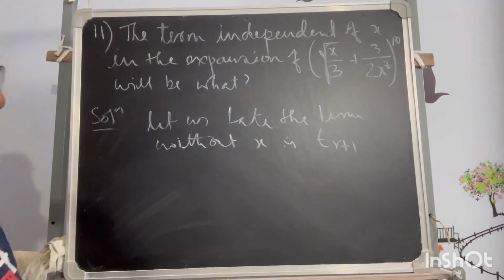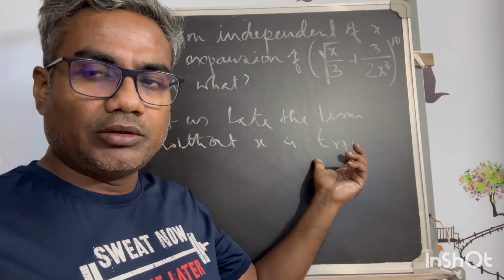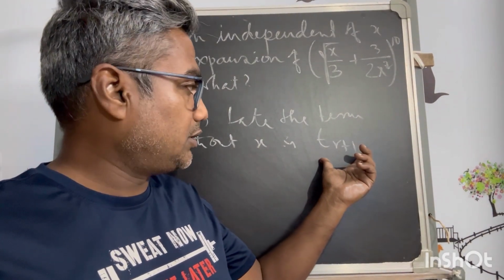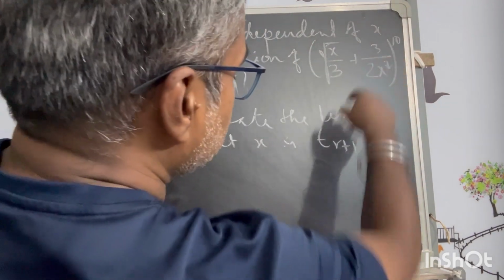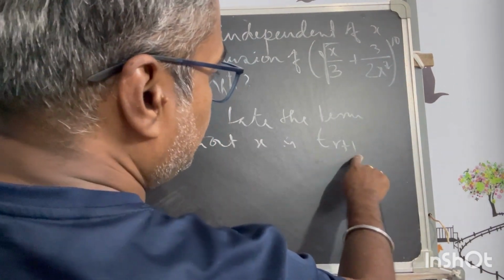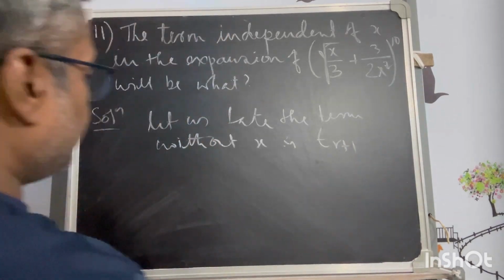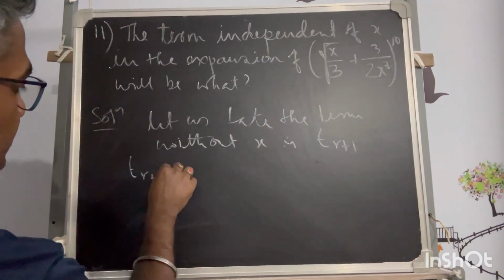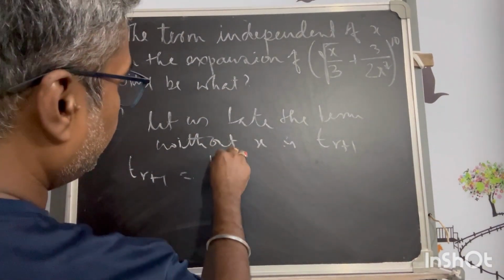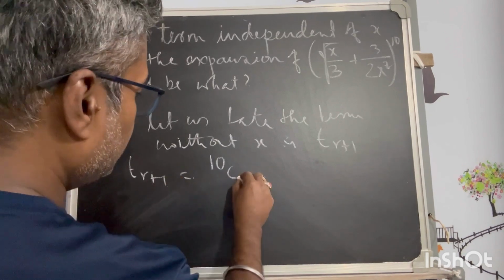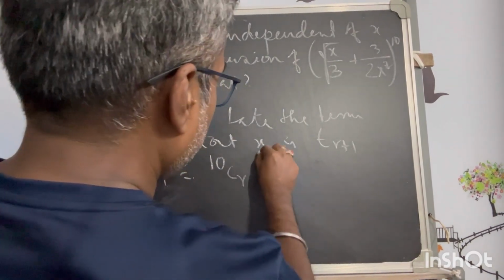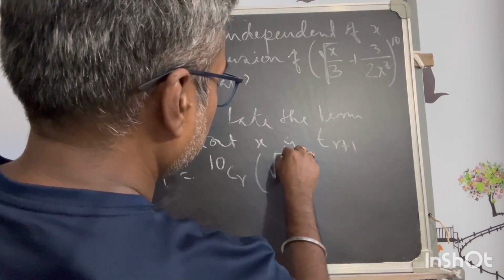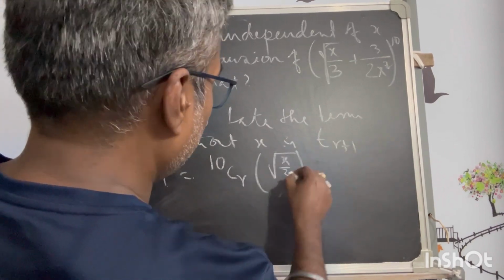My easiest way is to get a common term in terms of r. In this series, t r plus 1 will be the term without x, so t r plus 1 term will be how much? nCr means here I will get the coefficient r, and the term that I will get this whole power of.